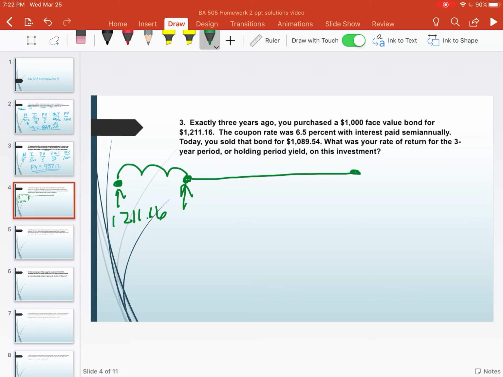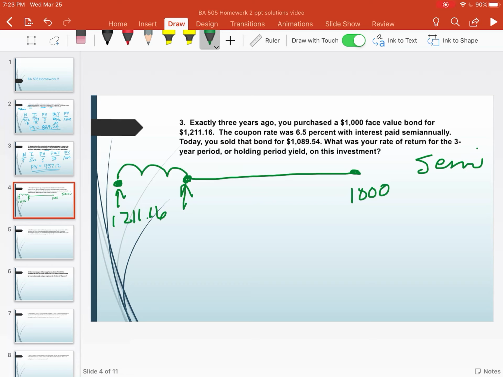The maturity again is $1,000. The coupon rate was 6.5% with interest paid semi-annually. And our coupon rate is 6.5%, so $65 per year.